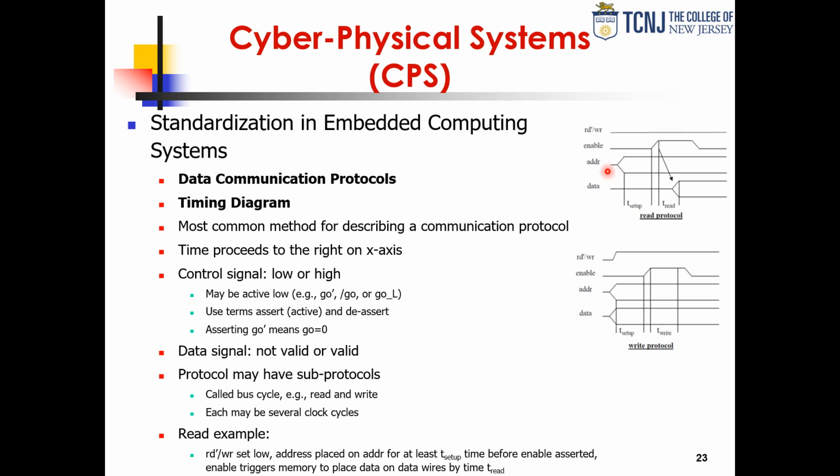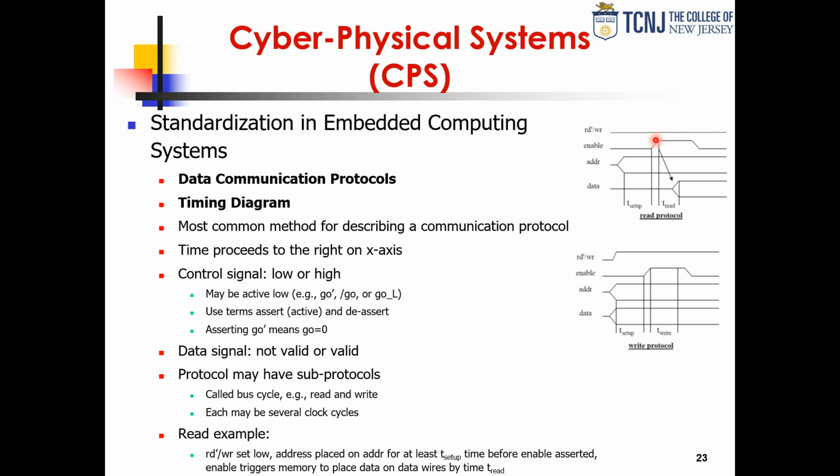Implicit by manufacturing, by construction, and by design, we are assured that if we present the address and wait this amount of time here, the setup, the memory, the slave or the server in this case, is going to register that address. That's the address that we're talking about. So we have to wait this time until we assert the enable. So we enable the transaction.